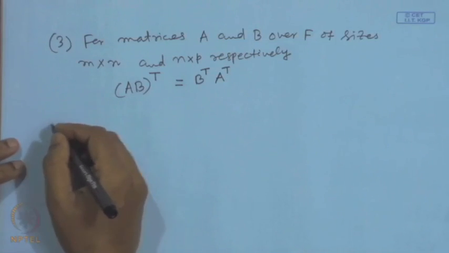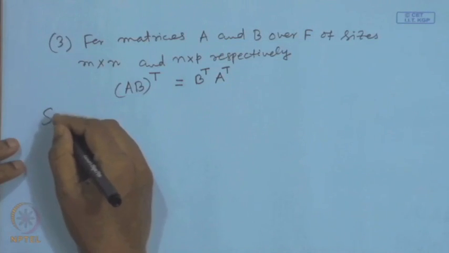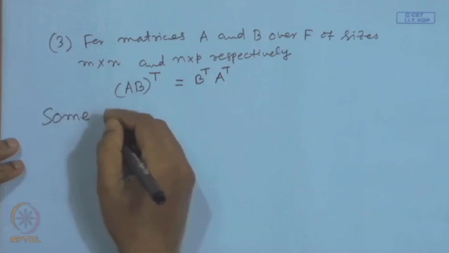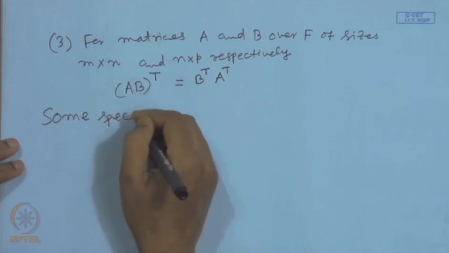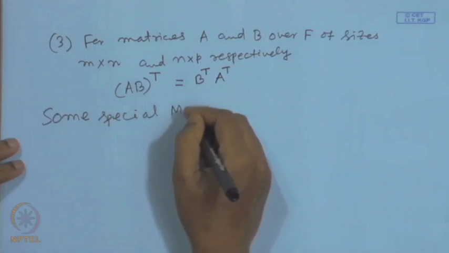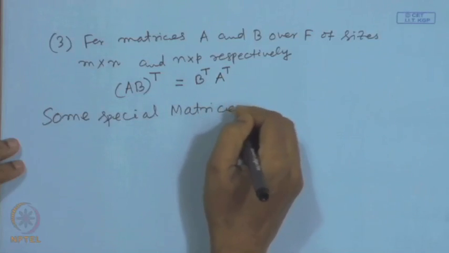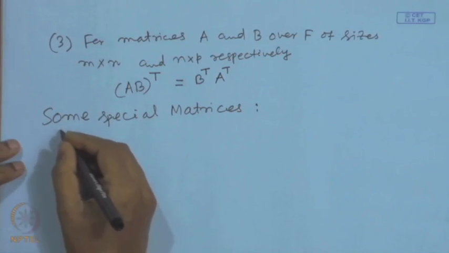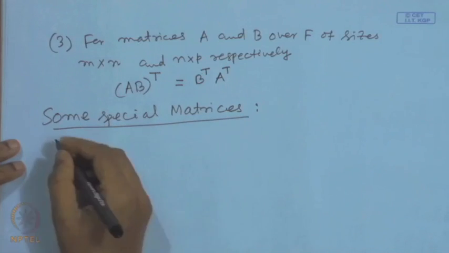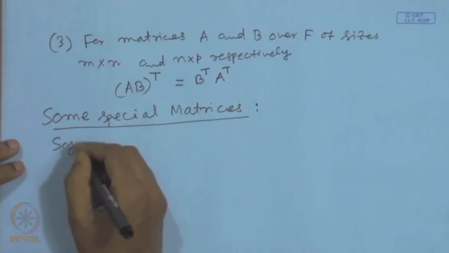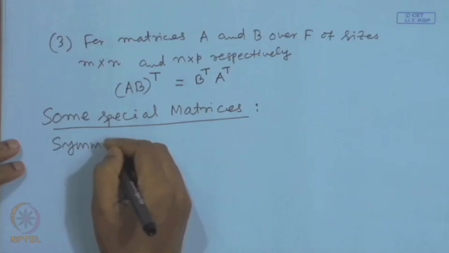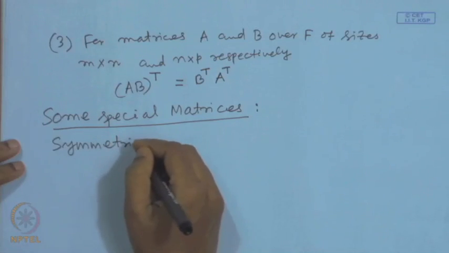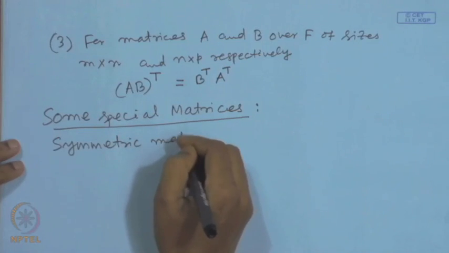Then next we shall see some special matrices. The first one is symmetric matrices. They are also a very important type of matrices.